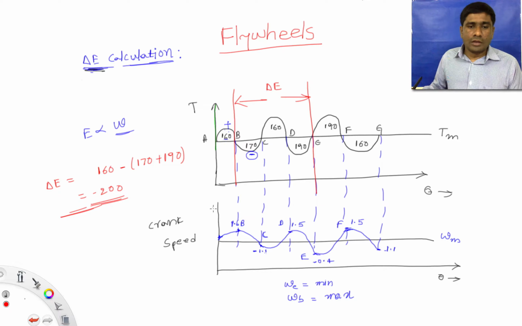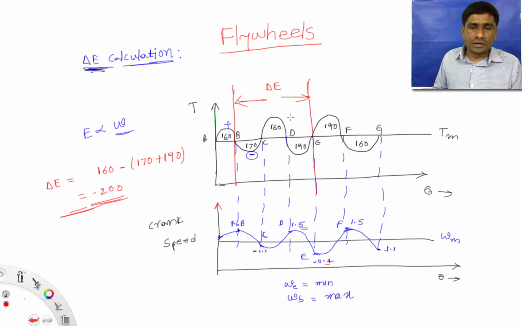But as I already said, every time it's very difficult to draw this crank speed diagram, indicating the minimum and maximum speed values at different points, and then drawing the equivalent one in the torque diagram.